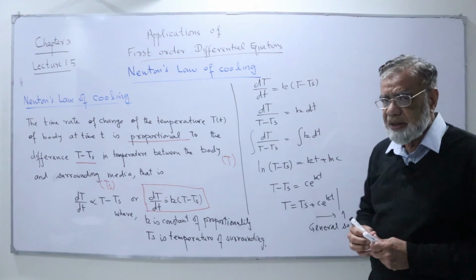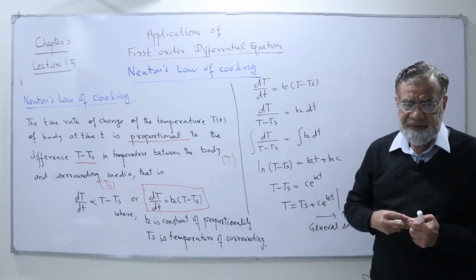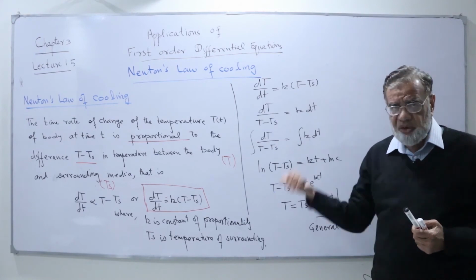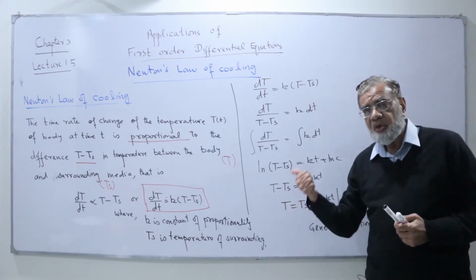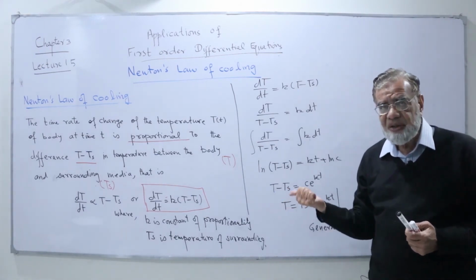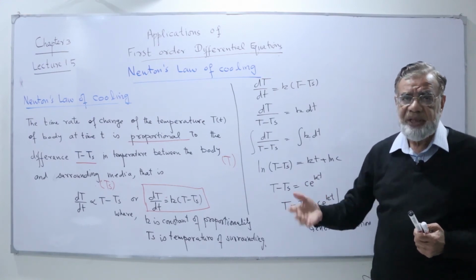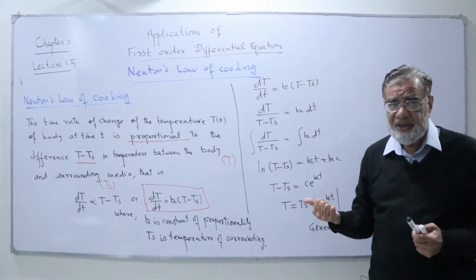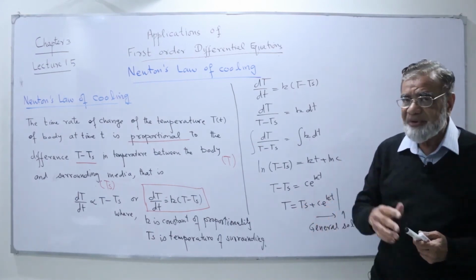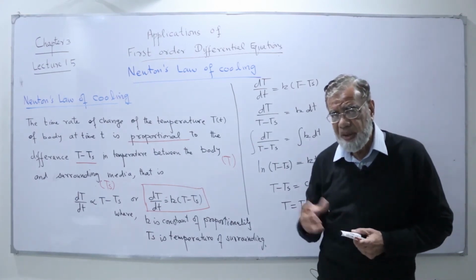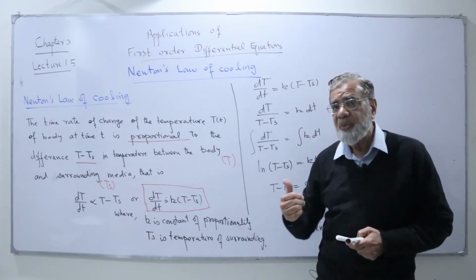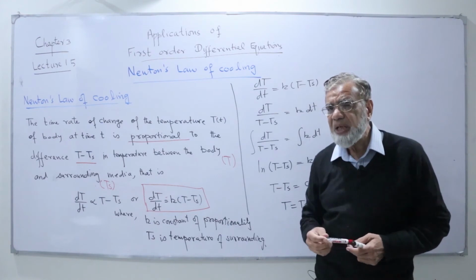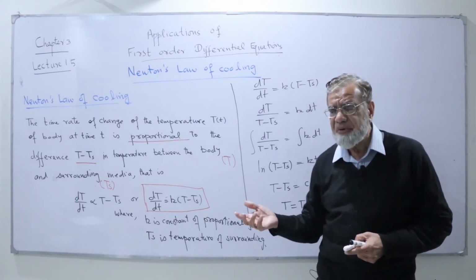As I discussed for the problems of growth and decay, I need two conditions, one to find C and the other to find K. To find C, we use the initial condition, which is the temperature at the initial time. Then I need one more, additional condition. For example, the temperature of the cup of tea at time t0 is 80, and after 5 minutes I measure that the temperature was 70.